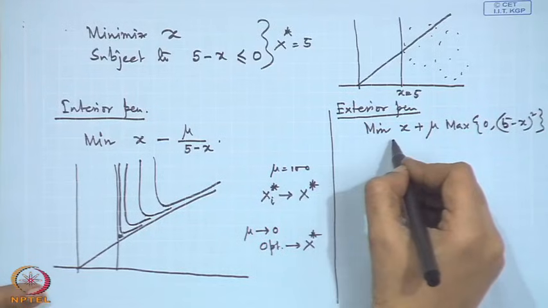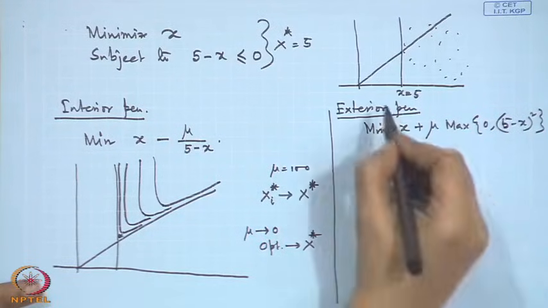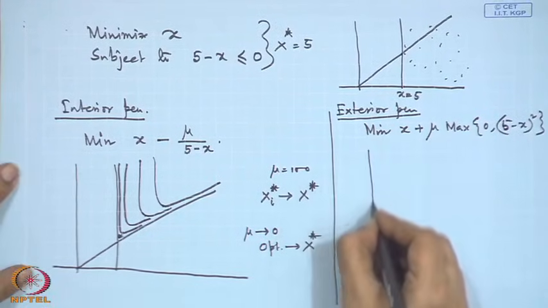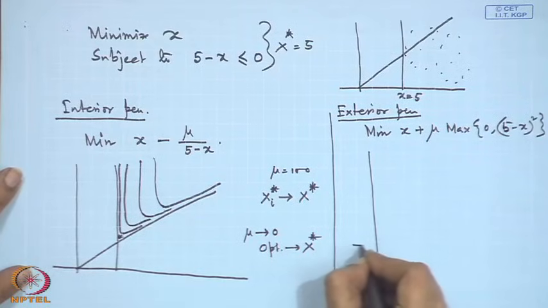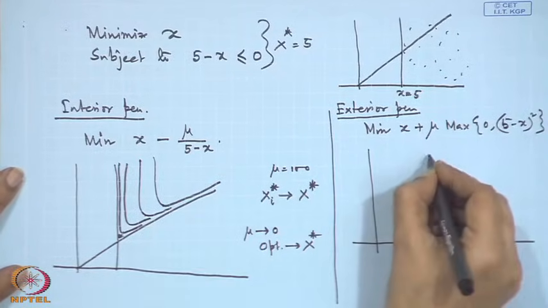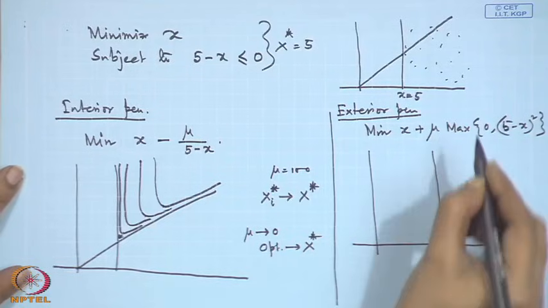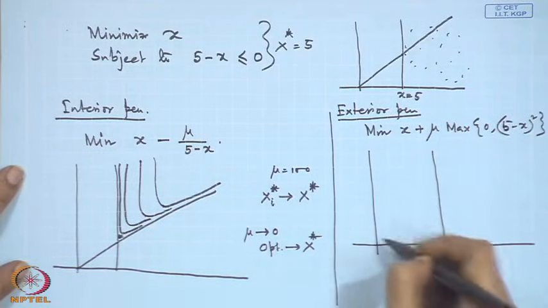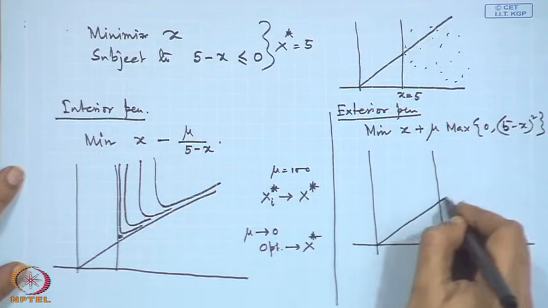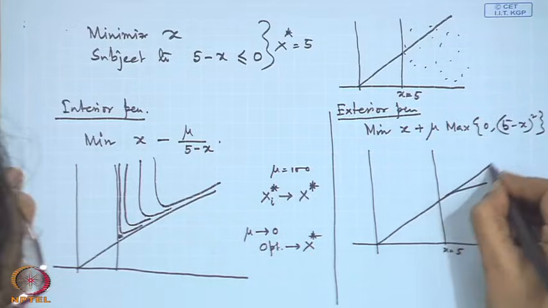Now, if this is the form of the unconstrained problem for the exterior penalty function method, just see what is happening in this case. This is x equal to 5, and this is y equal to x.